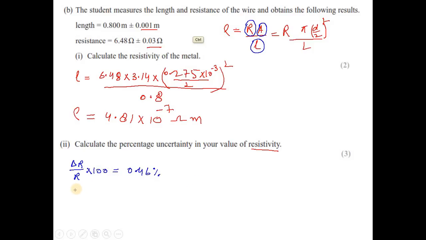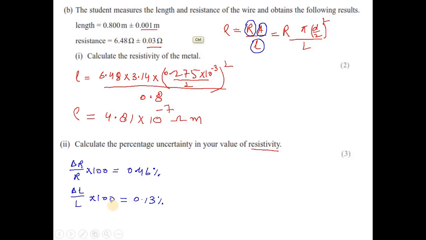And then you find the percentage uncertainty in the length, so delta L divided by L multiply by 100. If you do that, 0.001 divided by 0.8, so it will give you 0.125 or 0.13%.